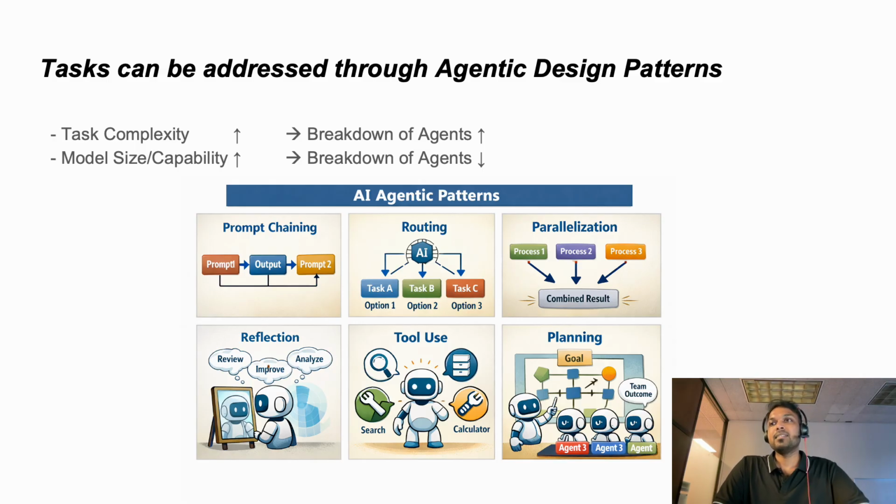In reflection, the model critiques and iteratively improves its own output before producing the result. This is often seen in code generation models, where models try to perform self-debugging or test case checking. That is, write code, review, and then check. If the test case fails, then try it again. In tool use, of course, the model augments its capabilities by calling external tools such as search, calculators, or APIs.